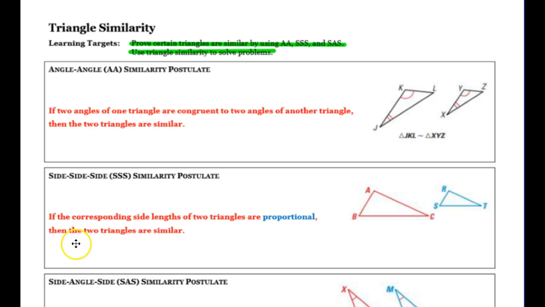And if your corresponding side lengths are proportional, your two triangles are similar. So in this case, if we assume that our side lengths are proportional, then I know that AB to RS is going to be the same proportion as BC to ST and CA to TR. And then my triangles must be similar.